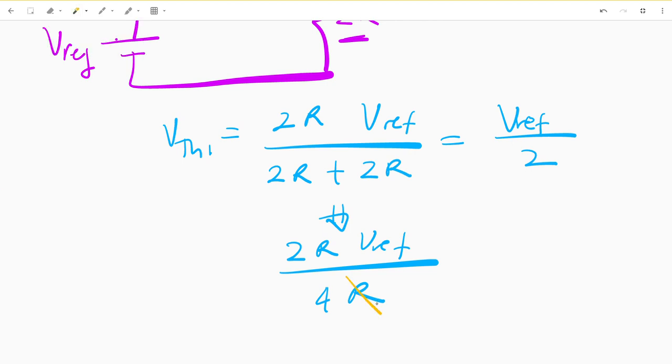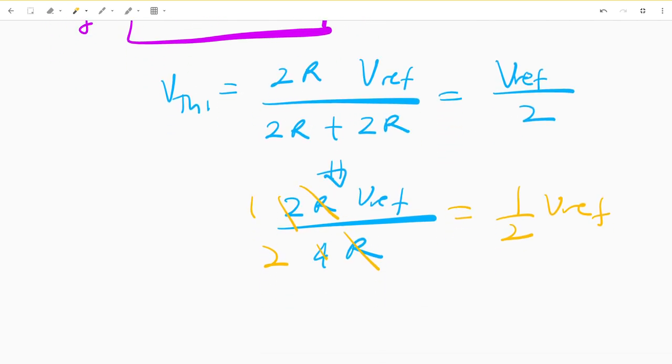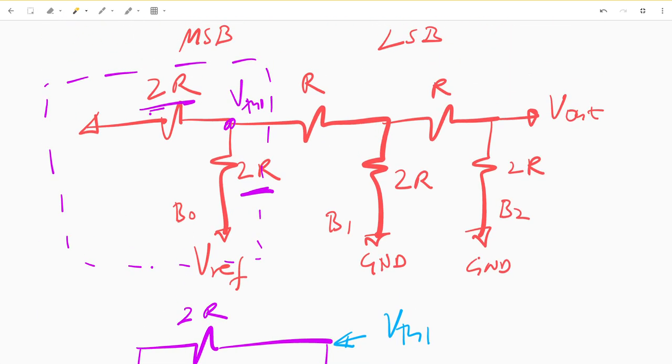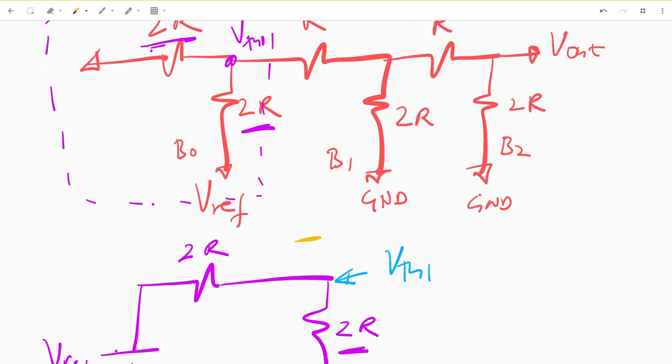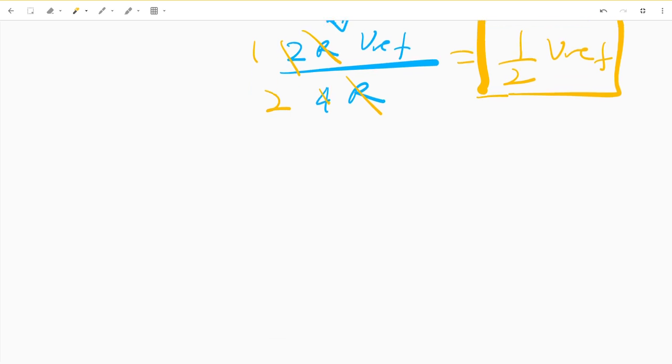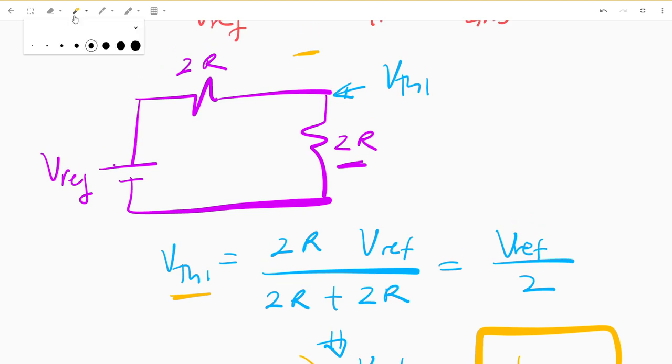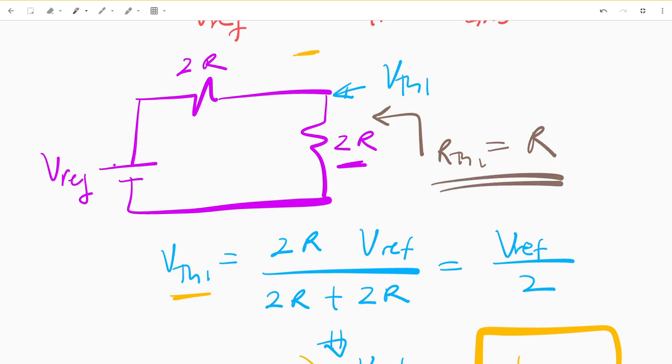So then the R's cancel out. This is 1, this is 2, this is 1/2 Vref. So now we have VTH is equal to 1/2 Vref. What we can now do is redraw this circuit here. And also, let's just note this, looking in, RTH1 is equal to R, and this was proved earlier in the video.